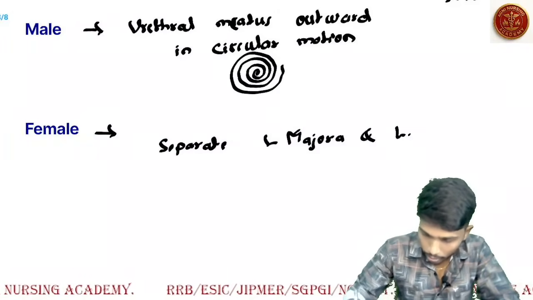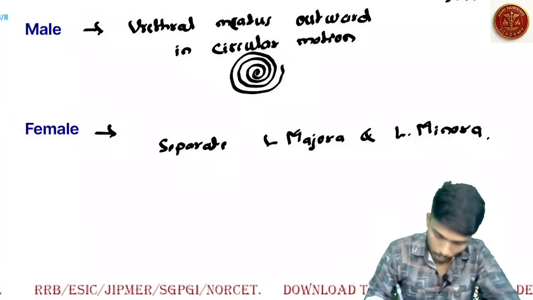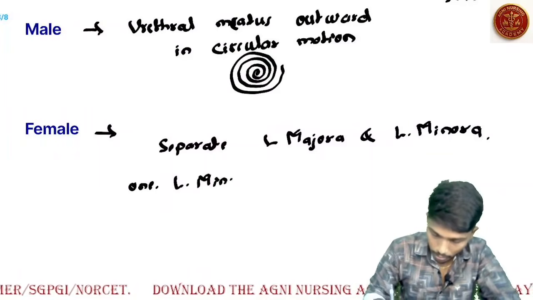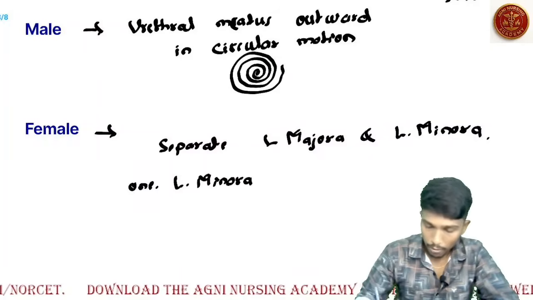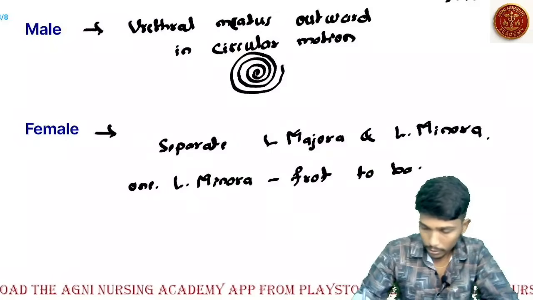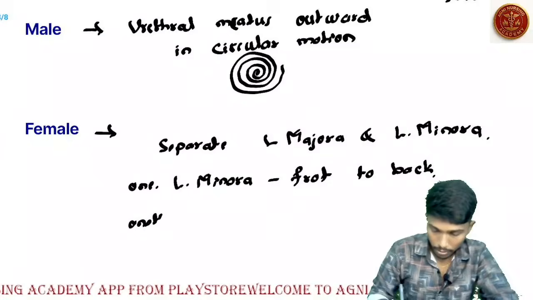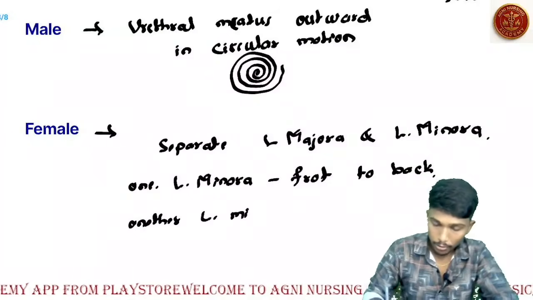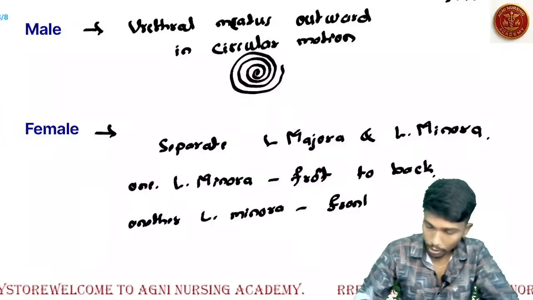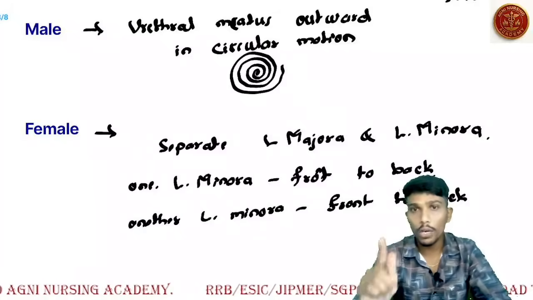After that we have to clean one side, the labia minora, with sterile gauze from front to back, and again clean the other labia minora, same front to back. And you should know, for one stroke you have to use one gauze.